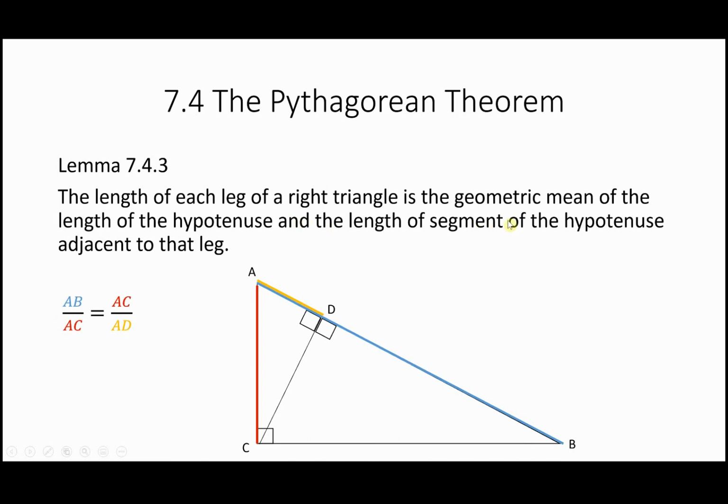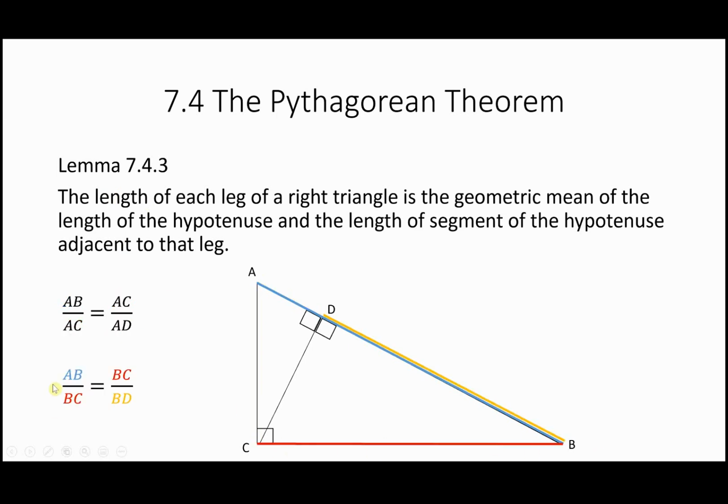The length of the segment of the hypotenuse adjacent to that leg. We're talking about AD here. AD is the segment of the hypotenuse adjacent to the leg that we chose in the illustration of this particular lemma. Okay? Cool. Now, I'm going to click forward and show you this particular lemma relationship, but in regard to the longer leg BC. Okay?